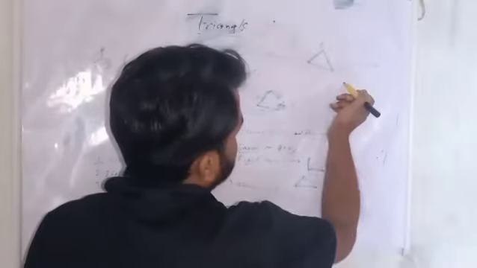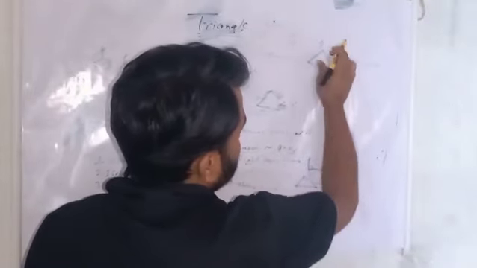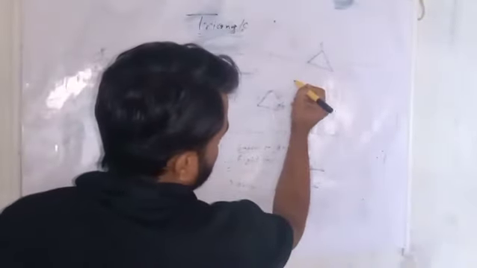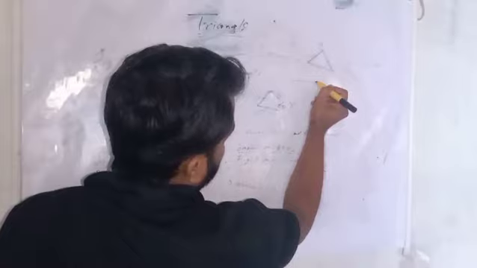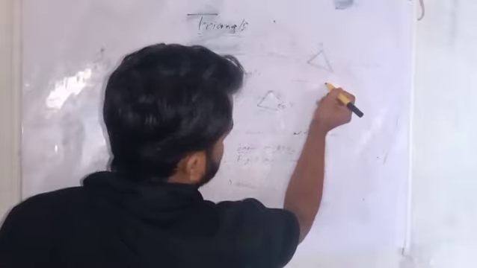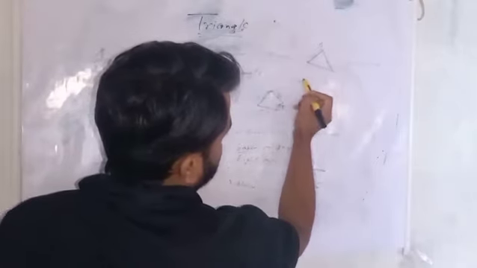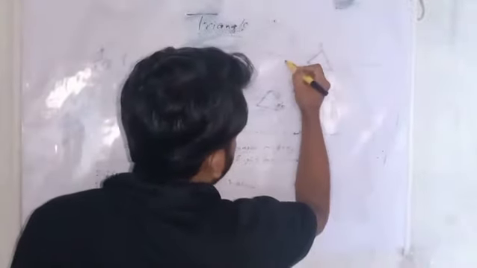Simply think, if you cut all parts of the triangle, this is AB, now this BC, now this CA, and the measurement of this total length is known as the perimeter.